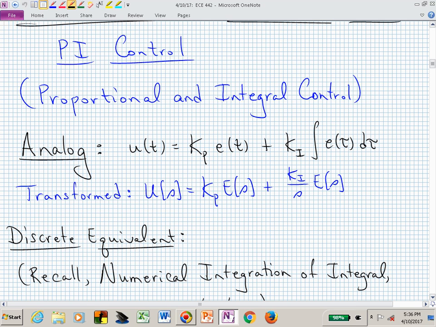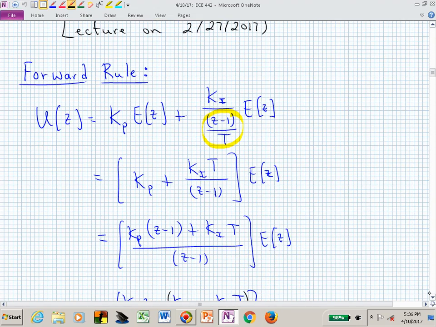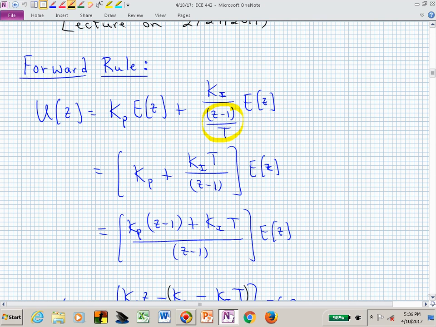I'm going to look at the numerical integration technique that we studied back in February using the forward rule, which is really where we replace S that I've highlighted in yellow with this expression in Z, which is this factor Z minus 1 divided by the sample period capital T. Meaning, this is now the expression that we have for a discrete time system's PI controller in the frequency domain.